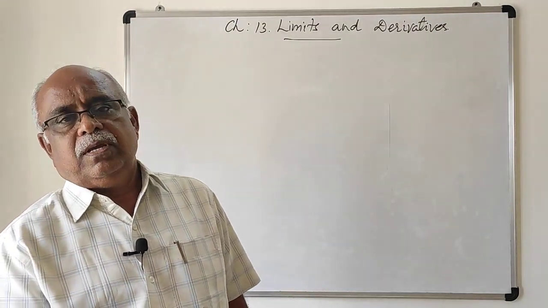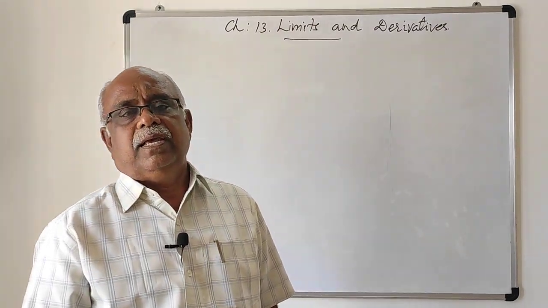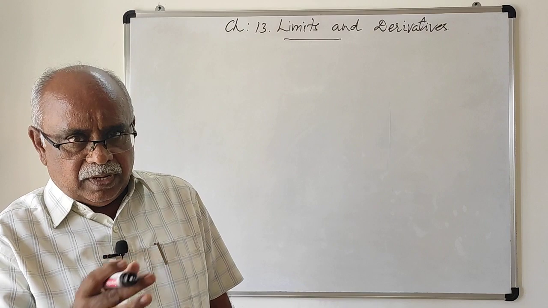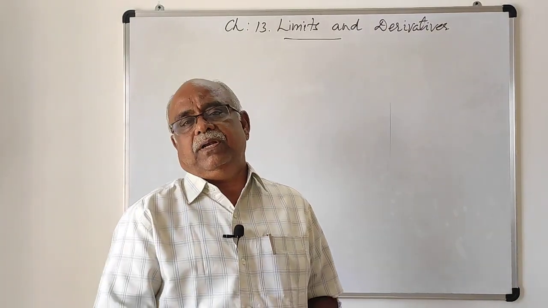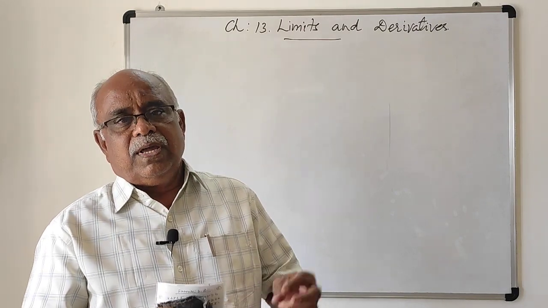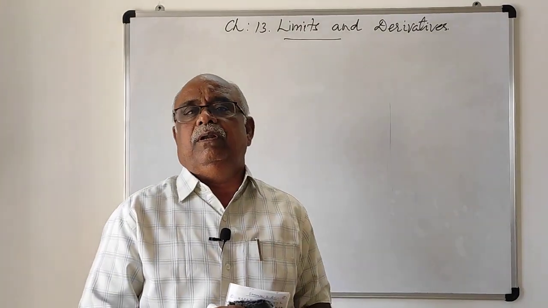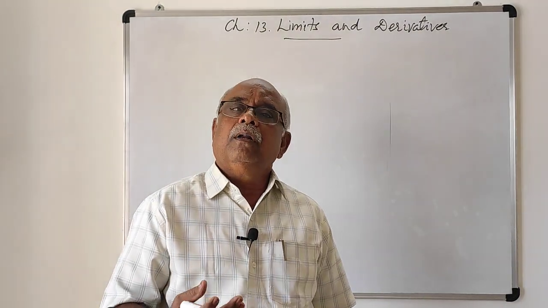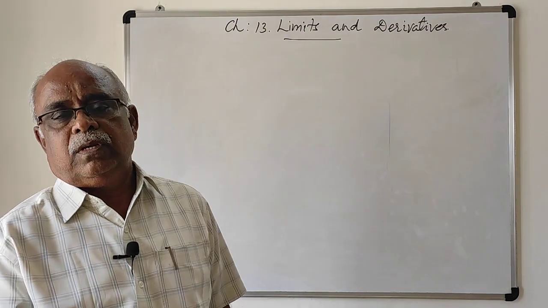Similarly, in chemistry, the rate of change of a chemical reaction is determined. And in economics, the rate of change of the growth of the population of a country, or rate of change of economic growth, that means financial growth.